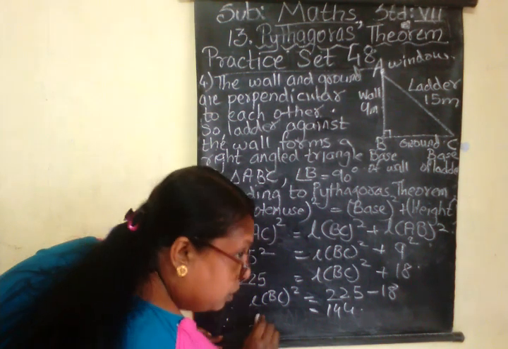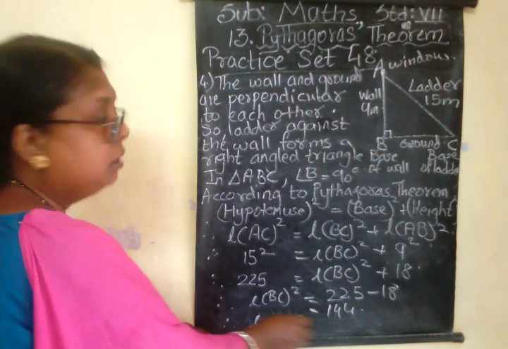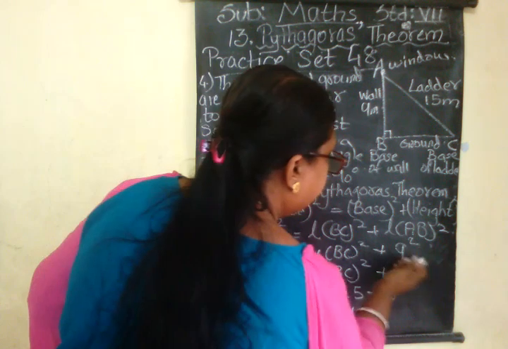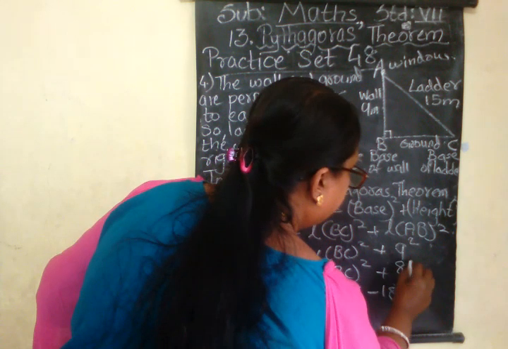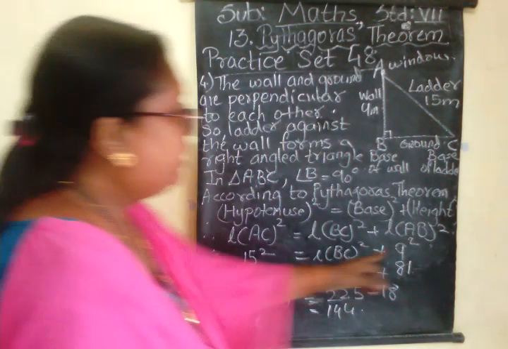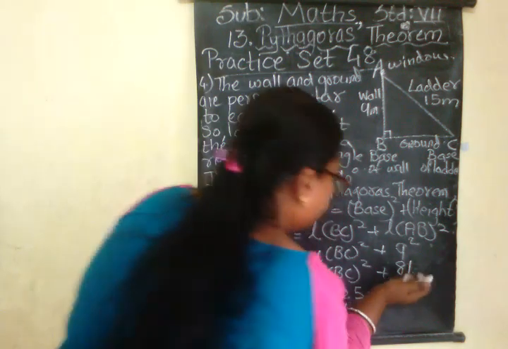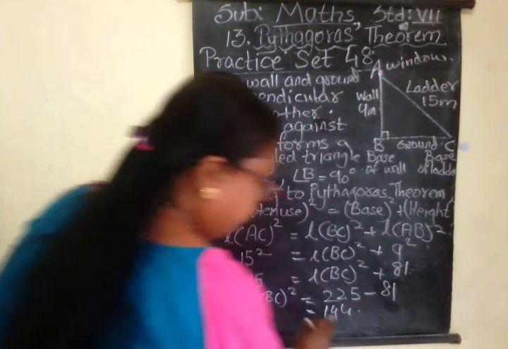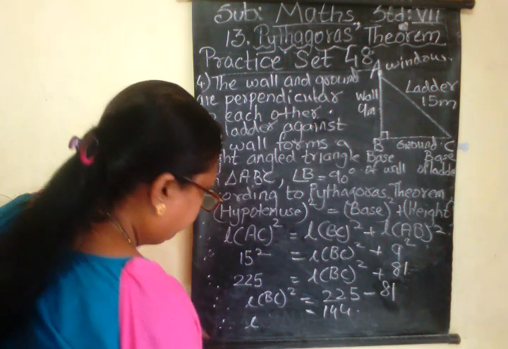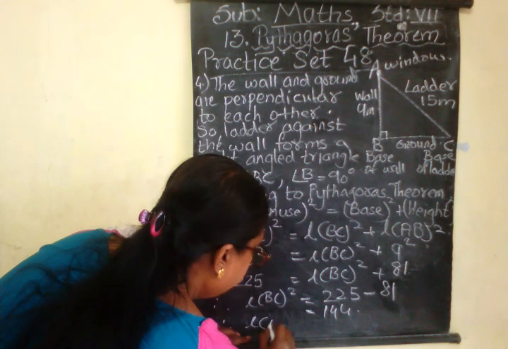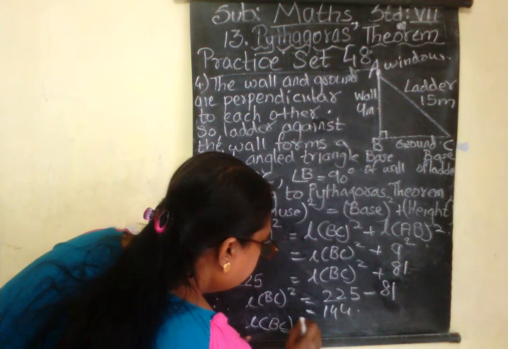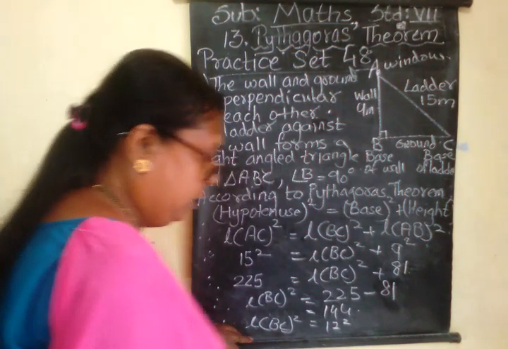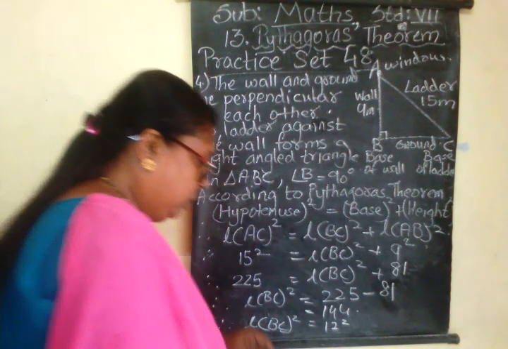9 square is 81, sorry. Not 18. Extremely sorry. 9 square comes to be 81. And so 225 minus 81 gives you 144, and length BC square we can write as 12 square, because 12 square is 144.